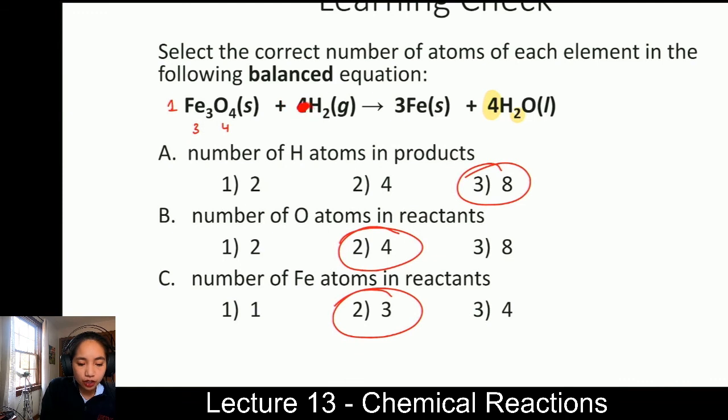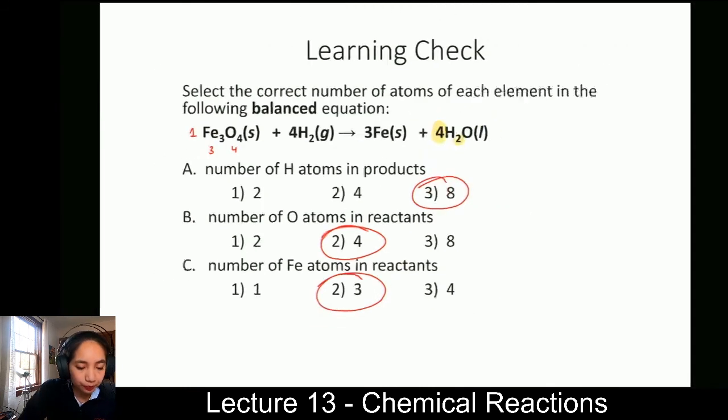There are 8 hydrogens on the reactant side, 8 on the product side. There's 4 oxygens on the reactants. There are 4 oxygens from water on our product side. And iron, there's 3 irons in our reactant because of the subscript. And then this reaction makes iron solid, and there's a coefficient of 3 in front of there. So irons are balanced too.